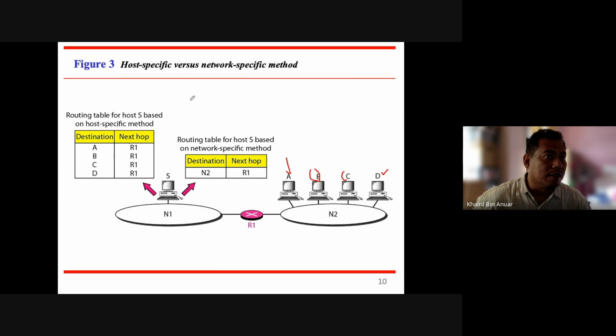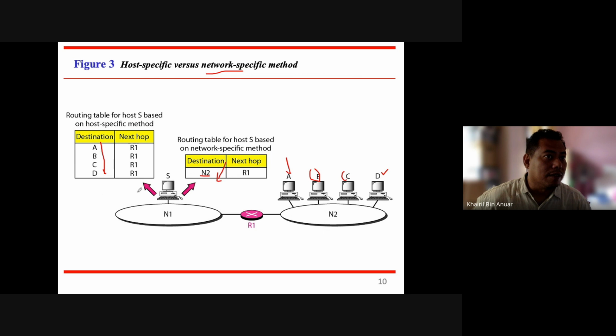Or you can base it on the network specific method, meaning that if you are in network 1 and want to go to any host in network 2, the next hop is R1. So the destination itself is defined either through host or through network. With the host method, if you have a lot of devices in this N2 network, you will need to list every host.